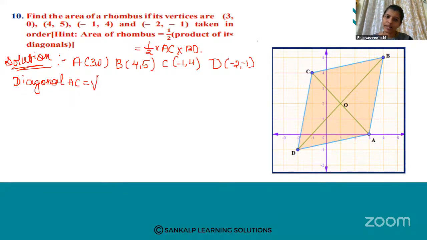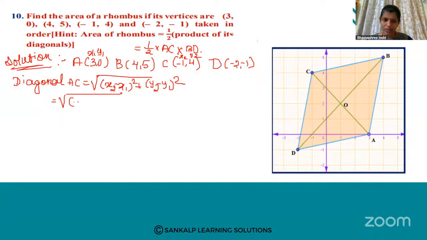So the distance formula is square root of (x2 minus x1) whole square plus (y2 minus y1) whole square. Right? So now we are finding AC. A to C means it is x1 y1, it is x2 y2. x2 value is minus 1 minus x1 value is 3 whole square plus y2 value is 4, y1 value is 0.